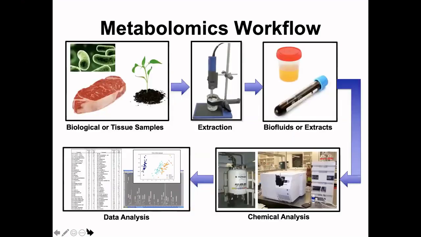So in terms of metabolomics, again, many people in the audience are probably familiar with it, but others may be new to it. The concept in metabolomics is somewhat similar to genomics and proteomics. We start with samples, tissues. They could be plants, microbial, or animal tissues. We extract them, not unlike what we would do with proteomics or genomics.